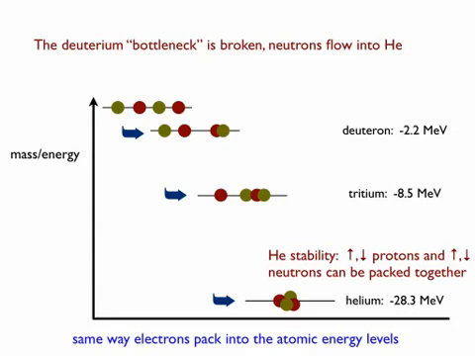Once you have deuterium, you can then form tritium, and then you can capture the last proton and get helium. When you go from 2 free neutrons and 2 free protons to a helium nucleus, you gain 28.3 mega electron volts. That's the nuclear fusion I was talking about earlier. When these nuclei bind together, they release this much energy.